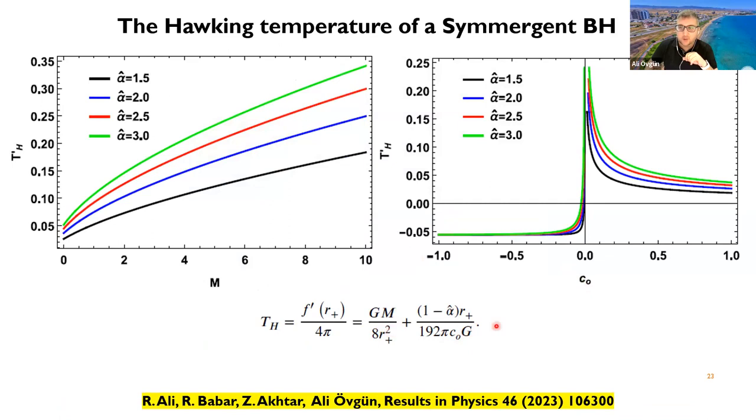And one can observe that the temperature exponentially increases with varying mass, and it is also increasing with varying the alpha parameter.